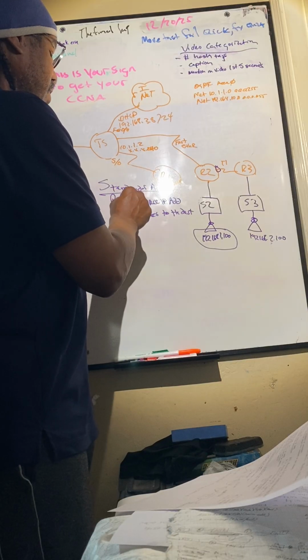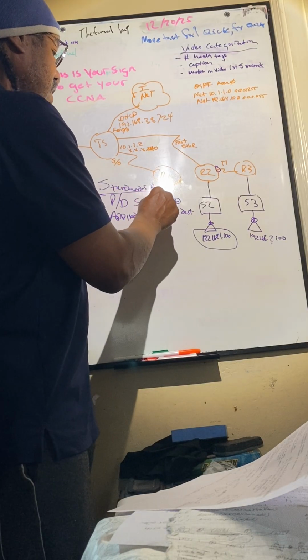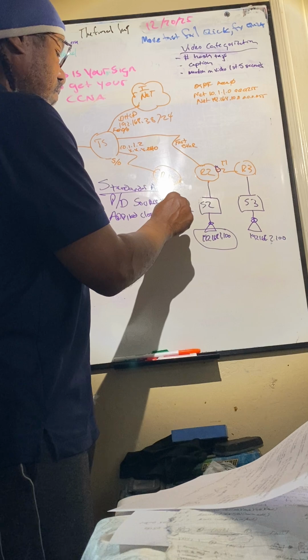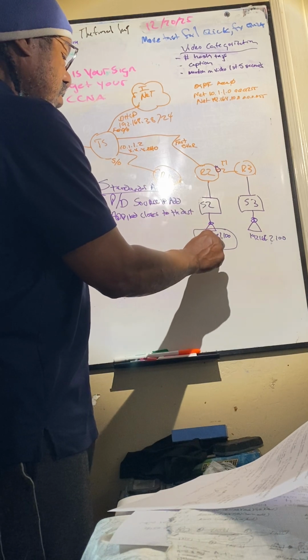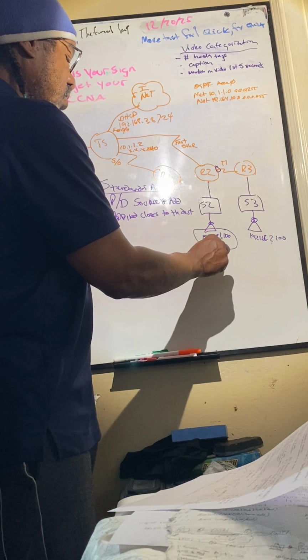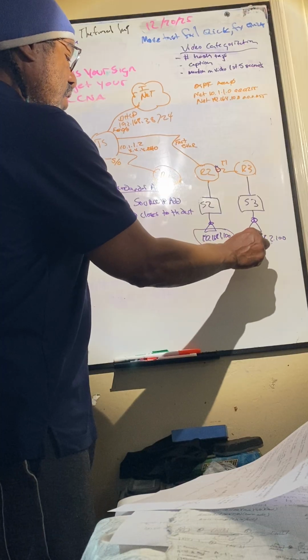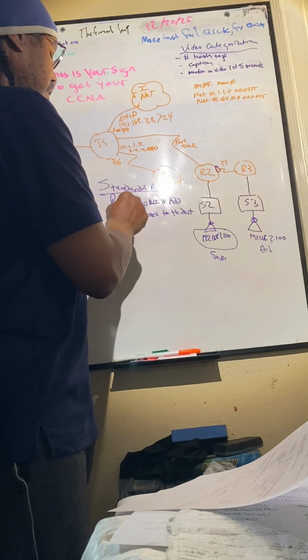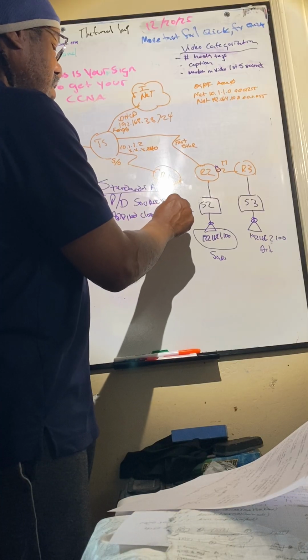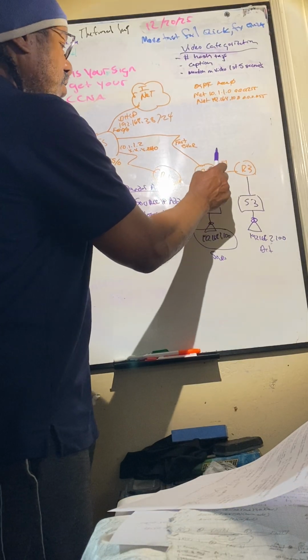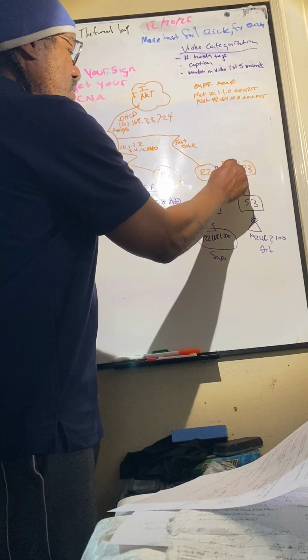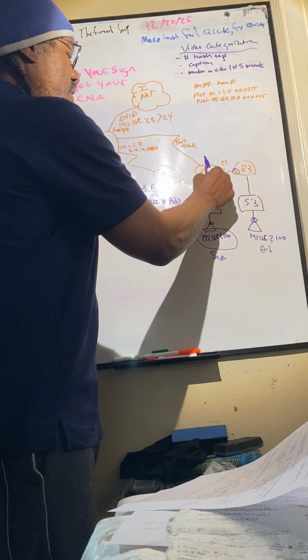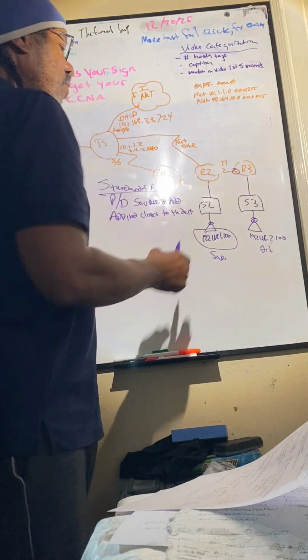So standard: permit or deny, source. This is our source. This is our destination. We're gonna apply it closest to the destination from the source.